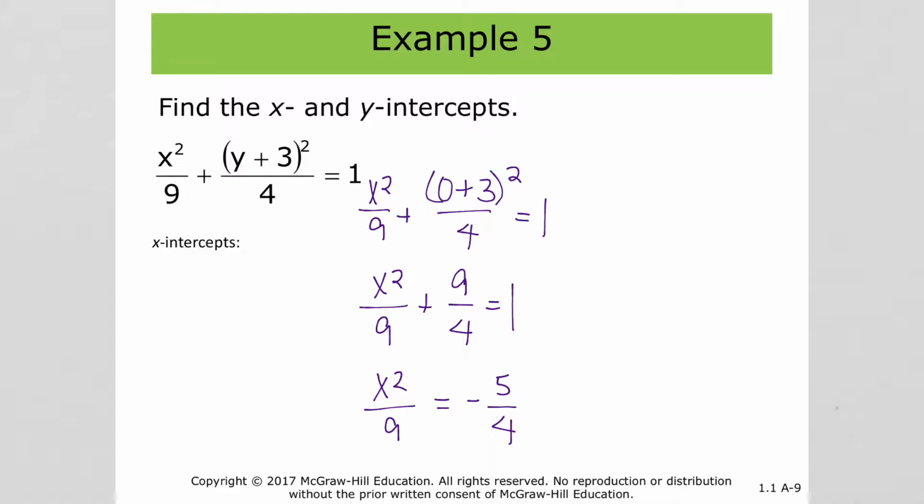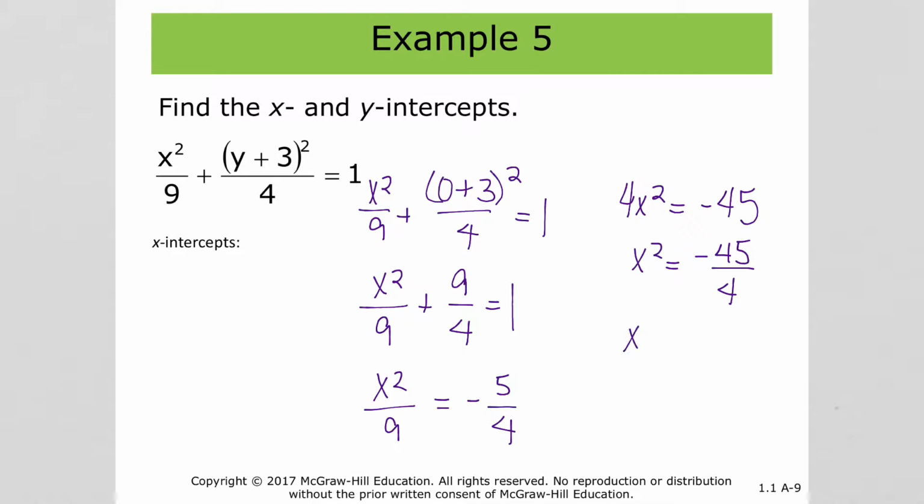Okay, and then we can multiply both sides by 9. And we can cross multiply, so we get 4x squared equals negative 45, and then divide both sides by 4, and x squared is negative 45 divided by 4.